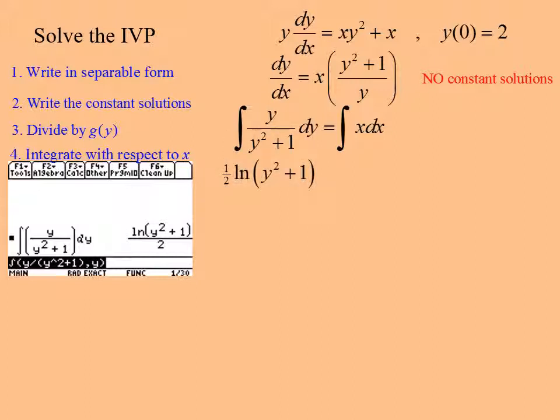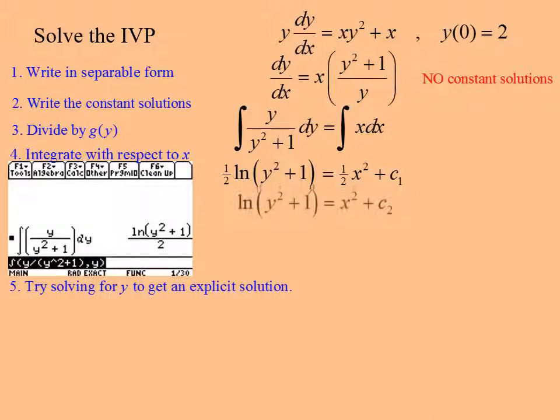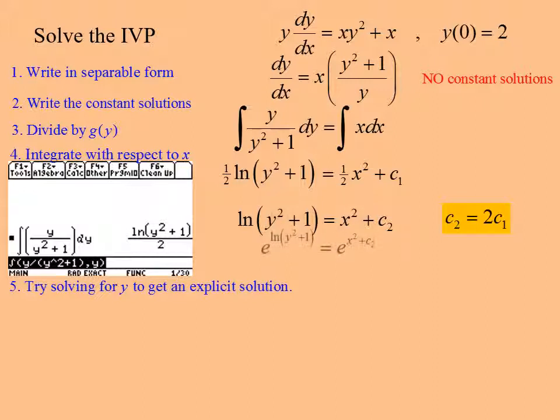We'll put the constant on the other side. Now again, we want to try to solve for the y. So we will multiply through by 2, and again the constant multiplied by 2 is some new constant, so we don't put a 2c1 out here. We now do the natural exponential of both sides, and subtract 1.